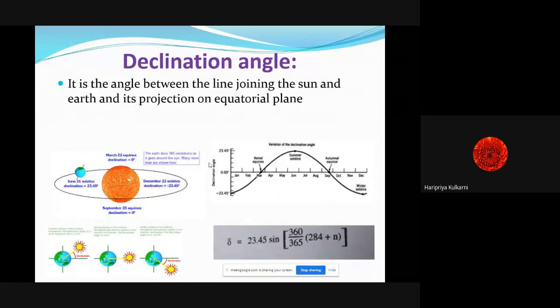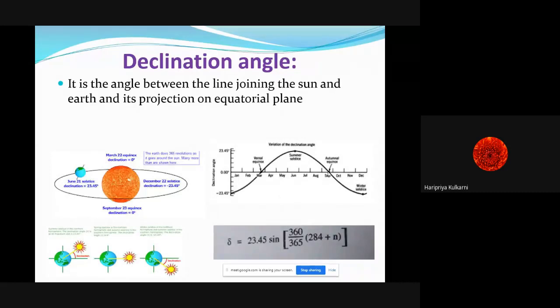Now the same declination angle variation is shown in this graph. The vertical axis, y-axis, shows the declination angle and the horizontal axis shows the months of the year. So if we observe, this is March, 22nd March, where we have 0 declination angle. Then this is another 0 crossing point, which is September 23rd, where we have 0 declination angle.